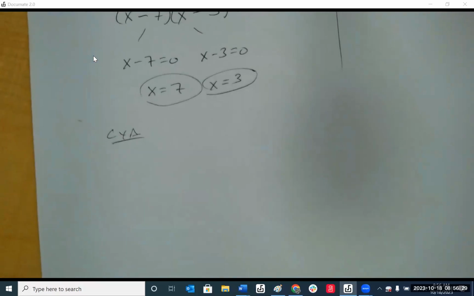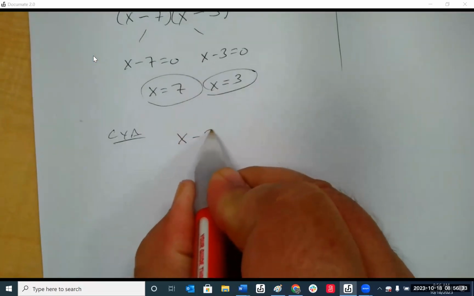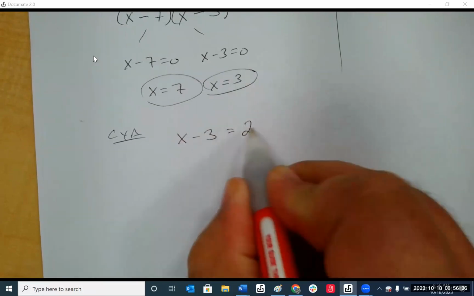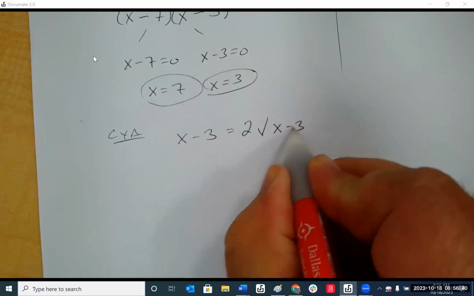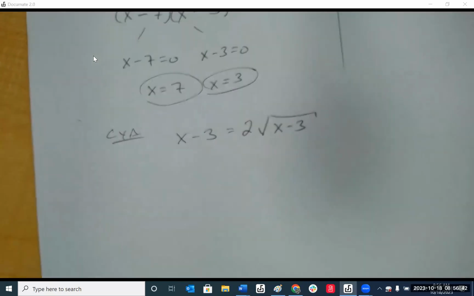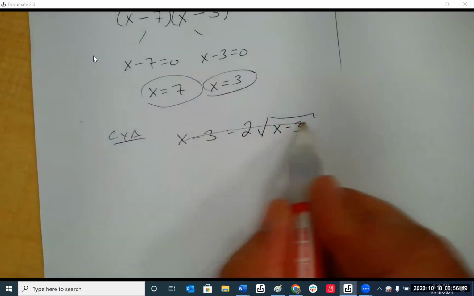All right, let's check our answers. The original equation was x minus 3 equals 2 radical x minus 3. No, that was after we said and done it.